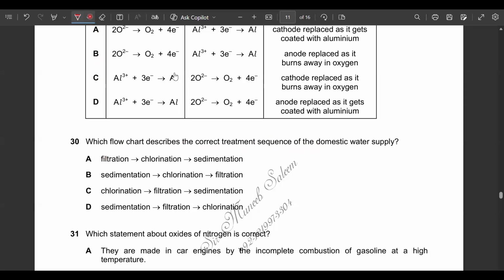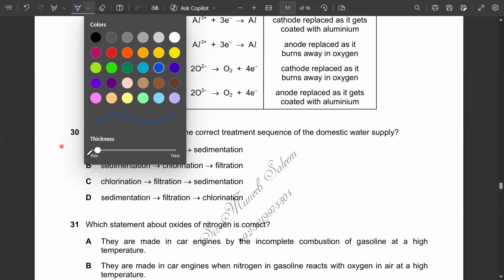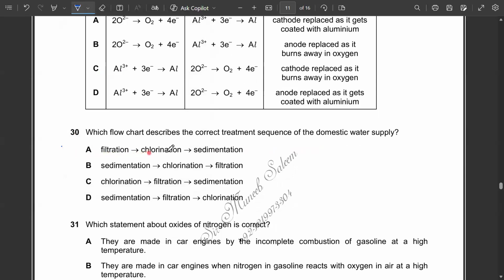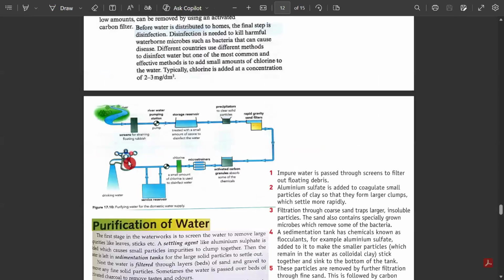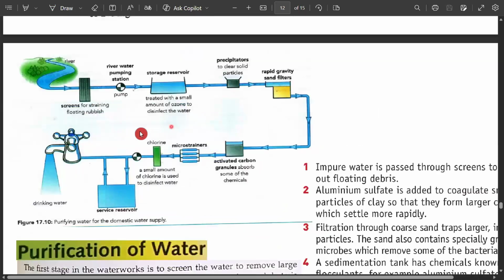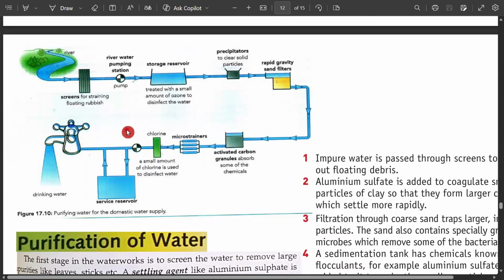It says in option A, there is filtration, chlorination, then sedimentation. So chlorination, if you remember from the literature, only came at the last of the process. It was the last step in the filtration. So chlorination is mentioned over here.